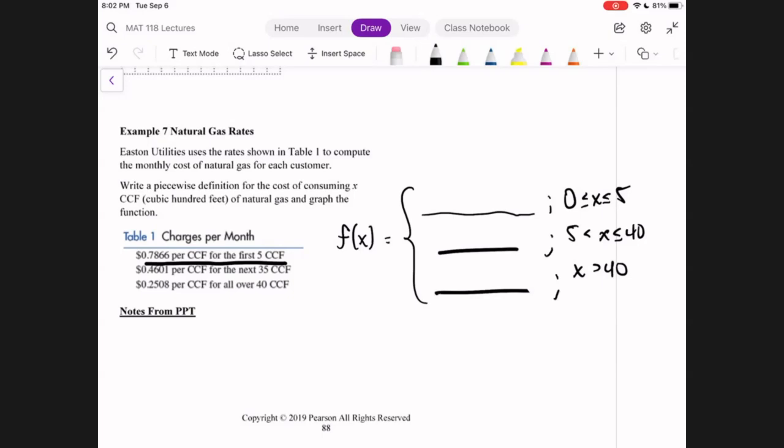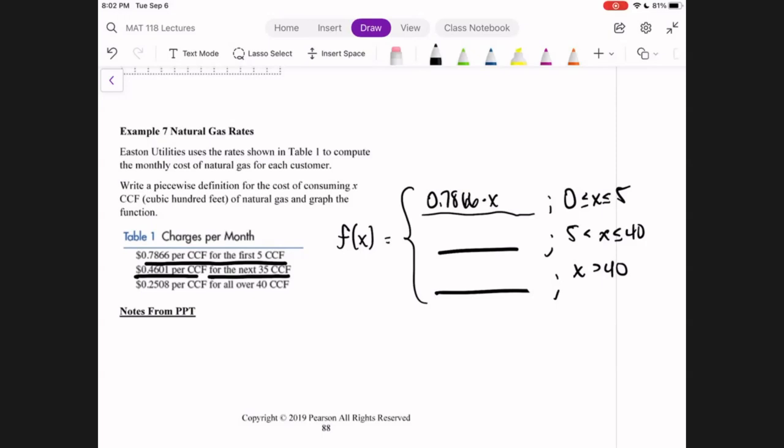So for the first part, it's this much cents per CCF, right? So then it would just be however much I have times x. And then if we're over 5, for the next 35, it's a little bit cheaper. But remember, I've already paid for what? I've already paid for 5. So I have to figure out how much it was for the first 5.